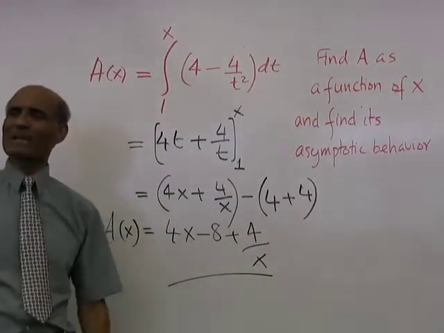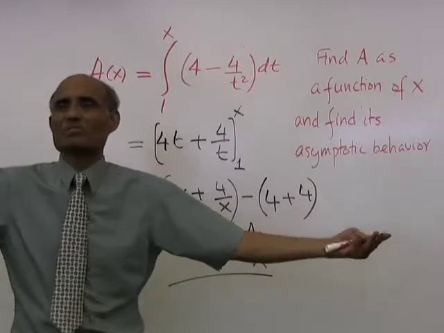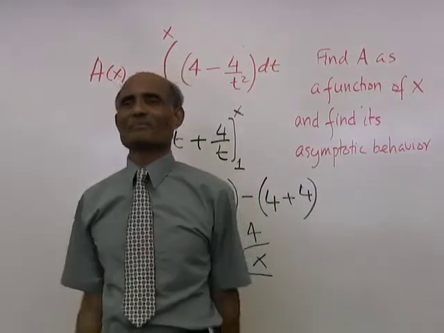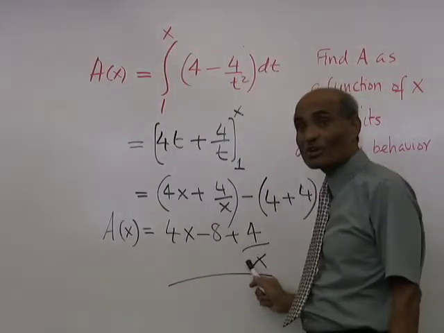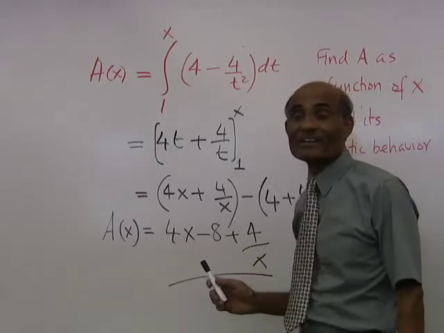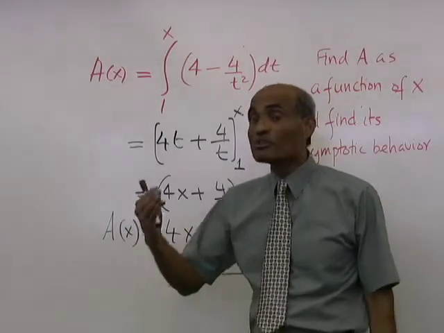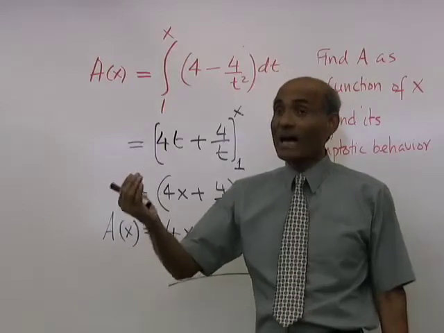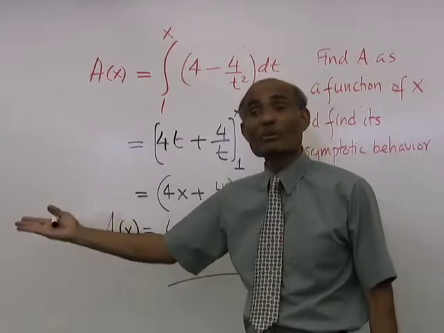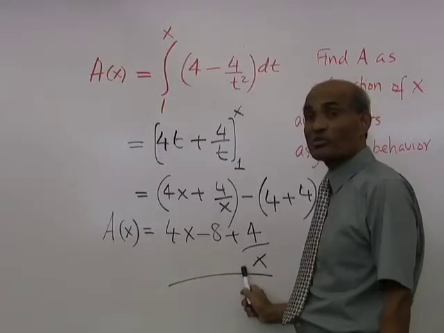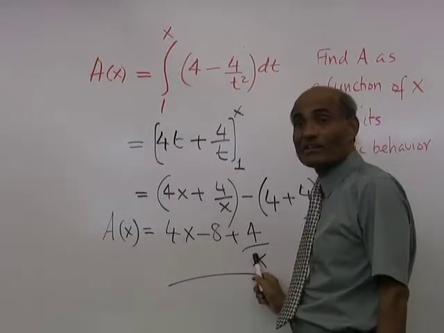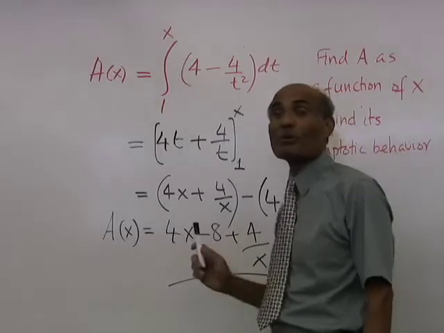What does that mean? What is an asymptote all about? Well, in this case, the asymptote occurs when x approaches 0 as well as when x approaches infinity. But you notice that when x approaches infinity, this quantity will be 0.